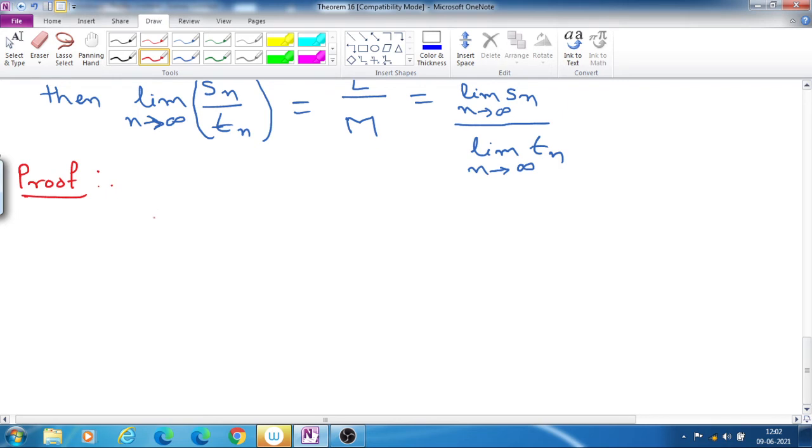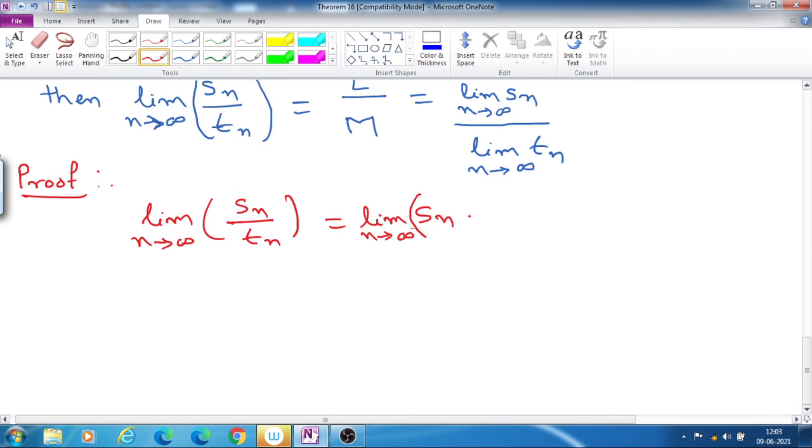Now the limit of Sn divided by Tn as n tends to infinity is nothing but the limit of Sn into 1 upon Tn, since Sn upon Tn means Sn into 1 upon Tn.